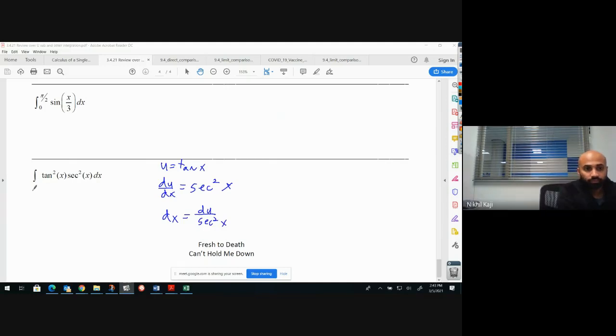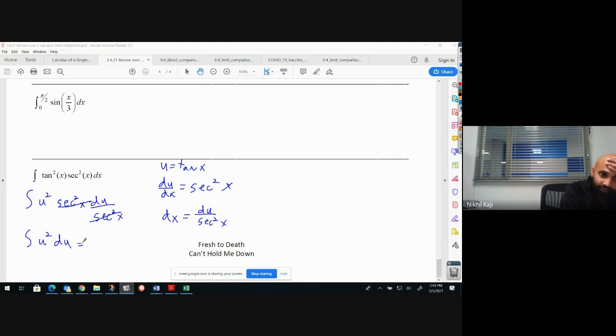So we end up with u squared. You notice I didn't put the squared part in here, so I just left it here. Now the secant squared x dx, or sorry, dx is du over secant squared. That cancels out. So now I'm just left with u squared du. So I don't even have any trig problem in this section once I made it basic.